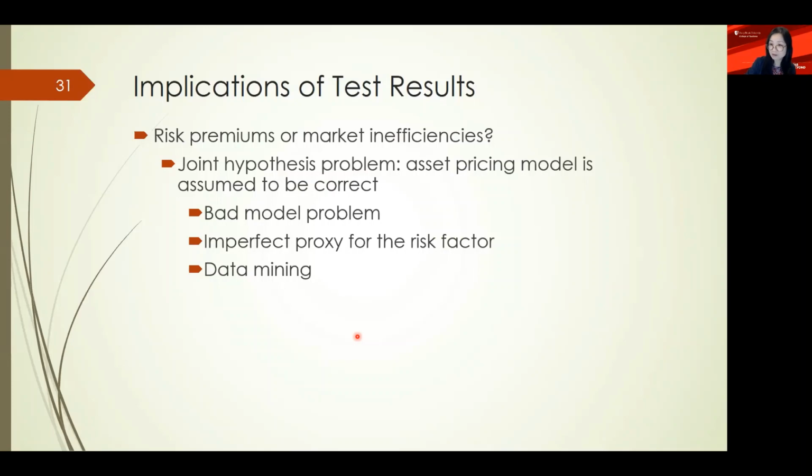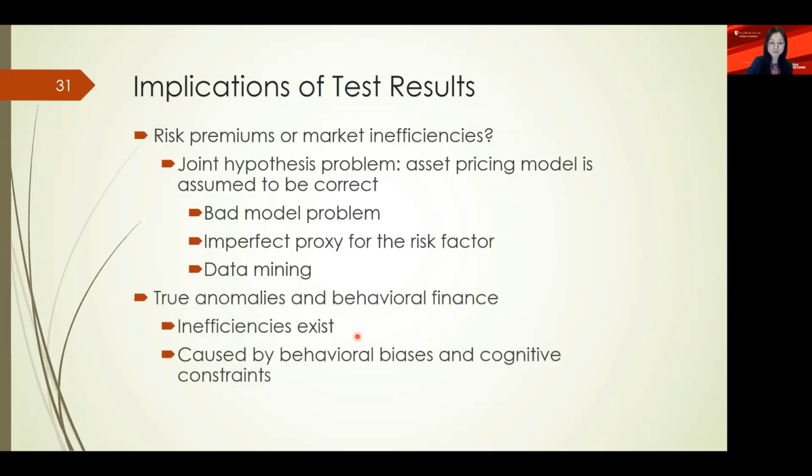So that's an alternative hypothesis. But at the end of the day, if those anomalies are true anomalies, they do represent mispricing and market inefficiency at that historical period of time, then the interpretation for those findings lies in behavioral finance. Behavioral finance considers that investors are not perfectly rational.